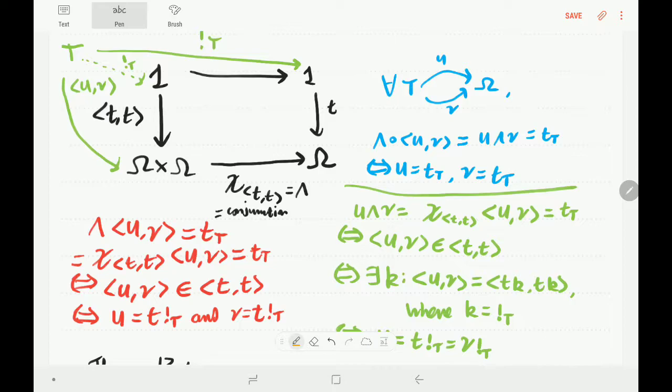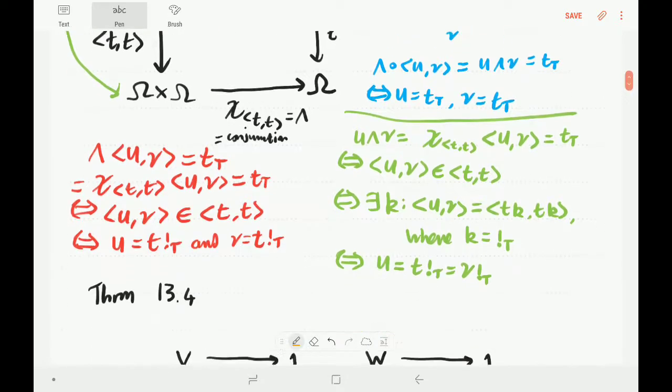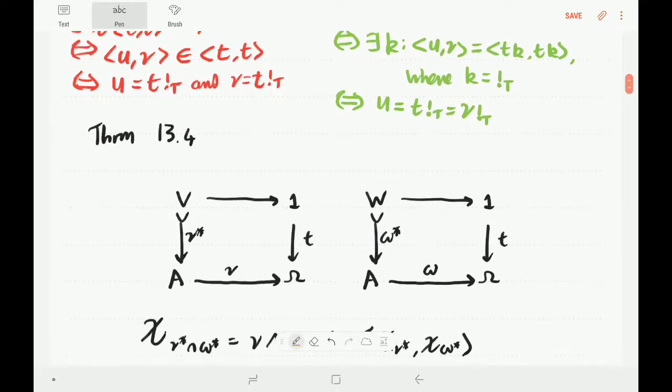So it acts like a logical and, but the cool thing is that it really characterizes the intersection of subobjects. Okay, so if we do the pullback of this true arrow along v, we get v star.